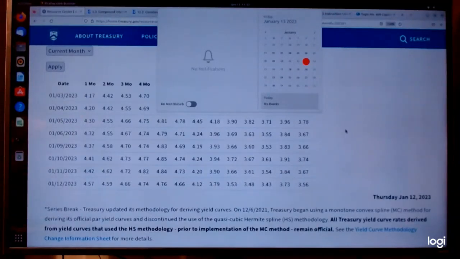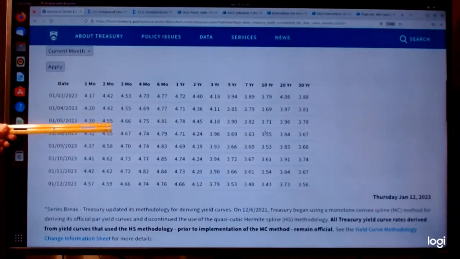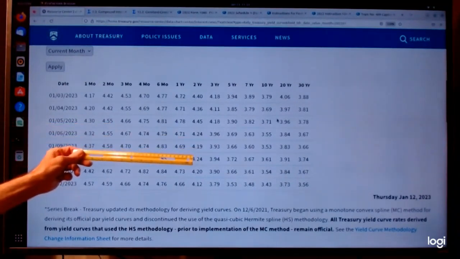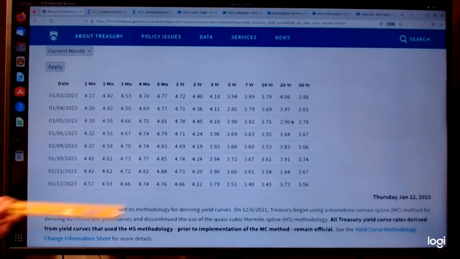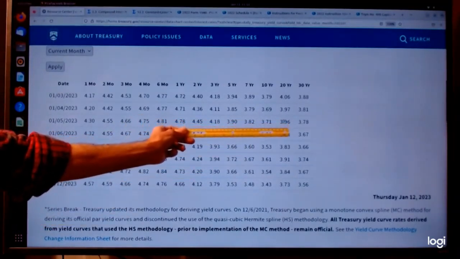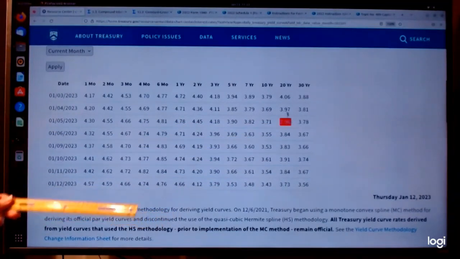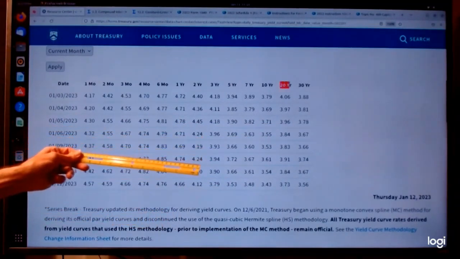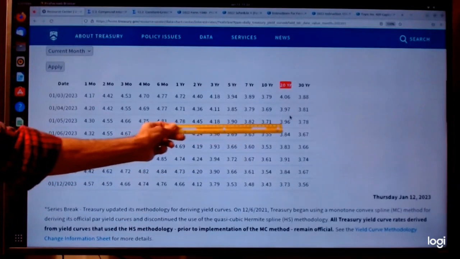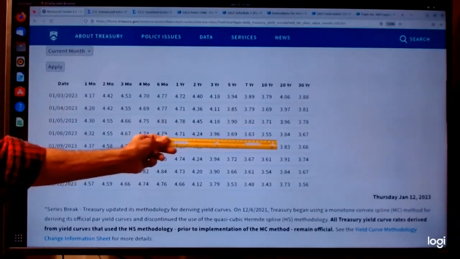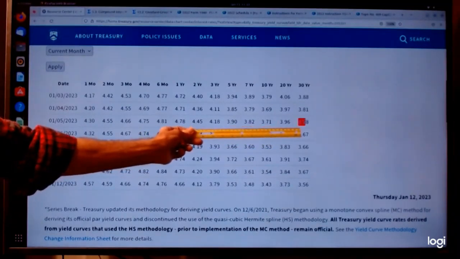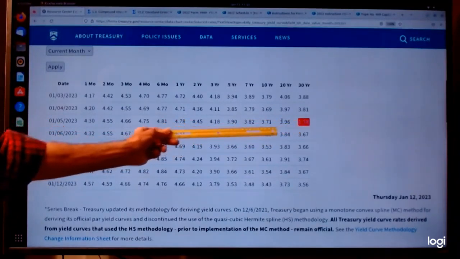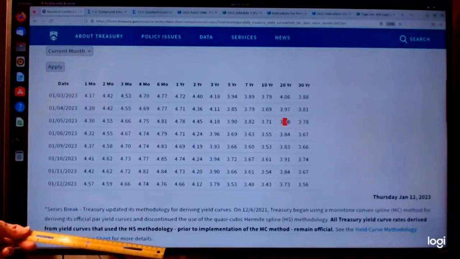Now the 5th, I am going to start off with this right here. 3.96 for the 20-year, because the 20-year bonds, the yield is higher than the 30-year, so they're using the 20-year because that's got a higher yield.